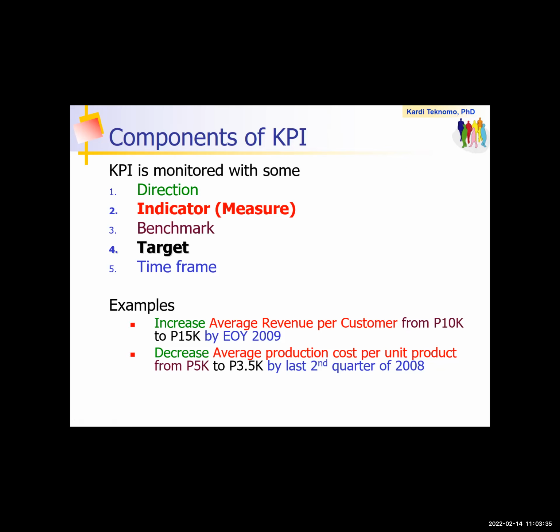And then you have the target, to where and to what value, and then you need to have the time frame, by last second quarter of 2008 or by end of the year of 2009 and so on. So remember, the metric means the measure plus the target.